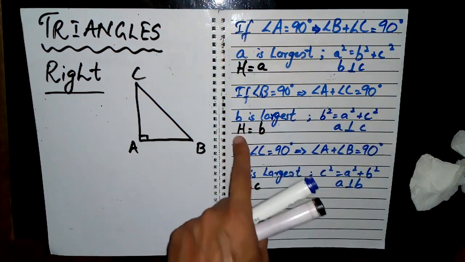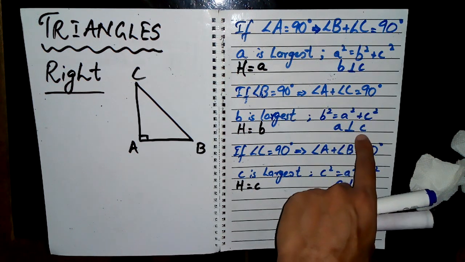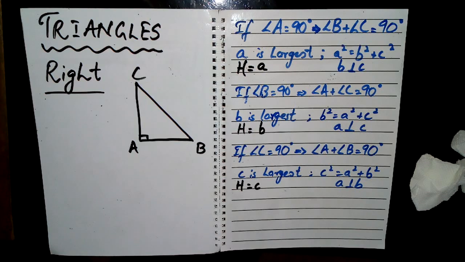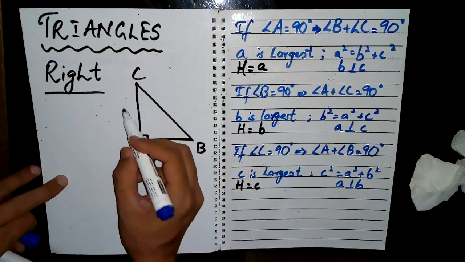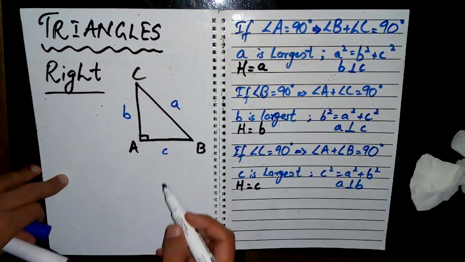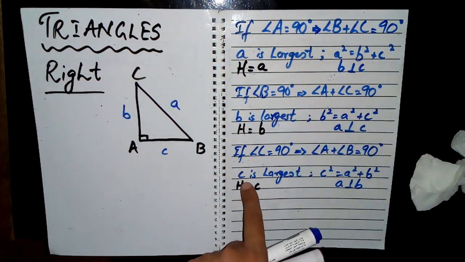B becomes the largest, the hypotenuse, and a is perpendicular to c. You can see in this diagram that if A has 90 degrees, then side b and side c will be perpendicular.